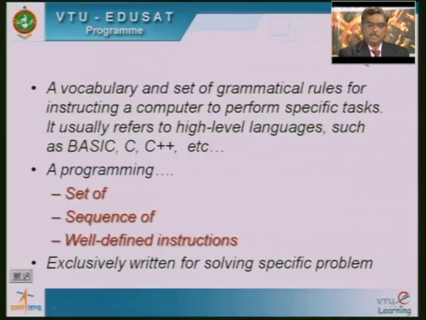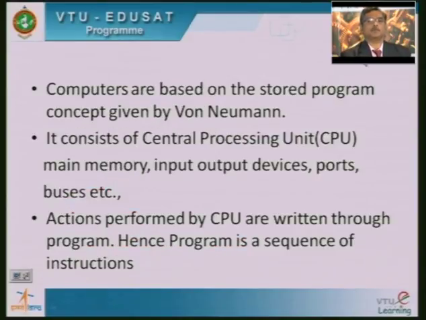Anybody can write the programming if we have some vocabulary of grammatical rules that can be formed at the time of writing the instruction as per the language specific task. For example, BASIC supports the instruction writing in its own format. C, C++, like that, every language has its own set of sequences of well-defined instructions through which we will try to solve our problem by writing the instruction and making it get executed in the program.